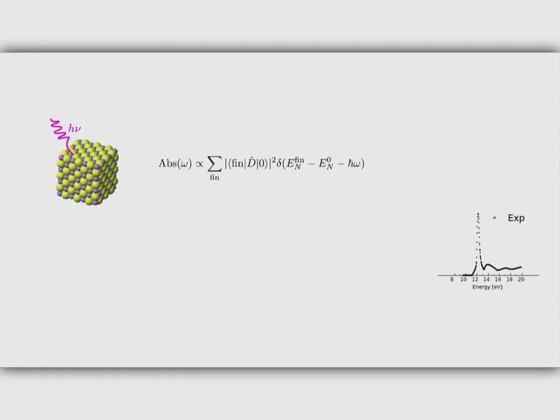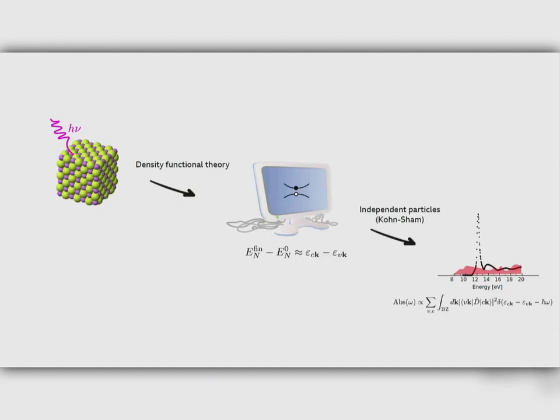According to Fermi's golden rule, we would have to calculate the ground state and any excited states that differ from the ground state by the photon energy. So what are we actually doing from first principles? The simplest approximation is calculating the electronic structure using density functional theory, and then approximating the energy differences and the dipole matrices using this electronic structure.